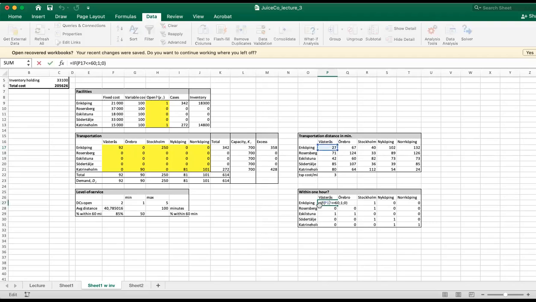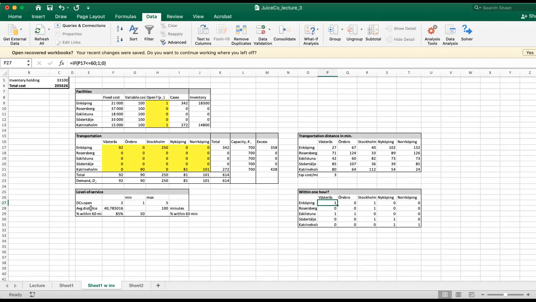You just say that if this cell is less or equal to 60, it is indicated by 1 or otherwise 0. And then you do all this for all. So it means that if this is more than 60, it will be 0. If it's less than 60, it will be 1.